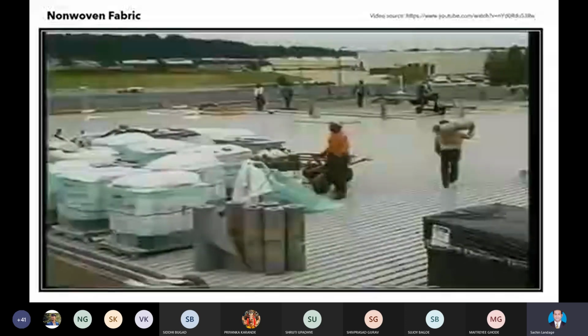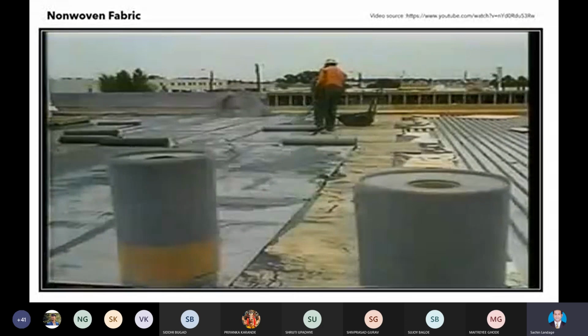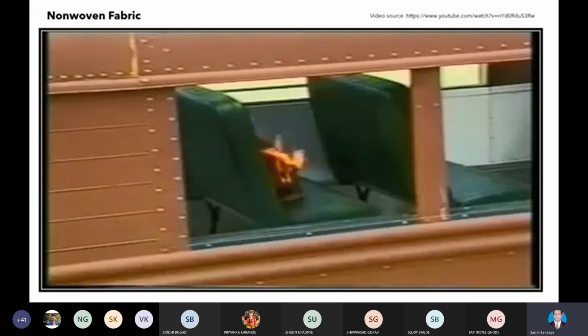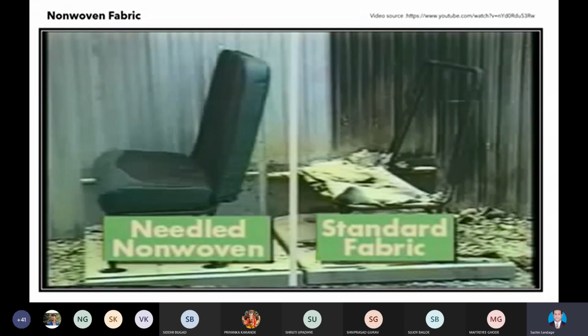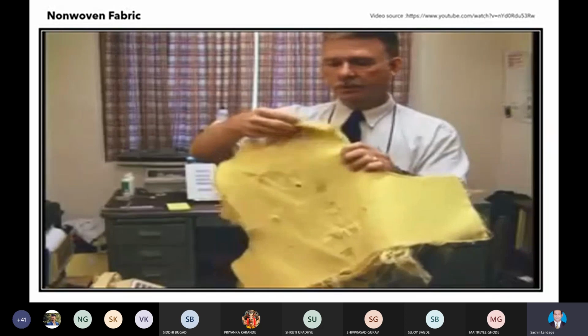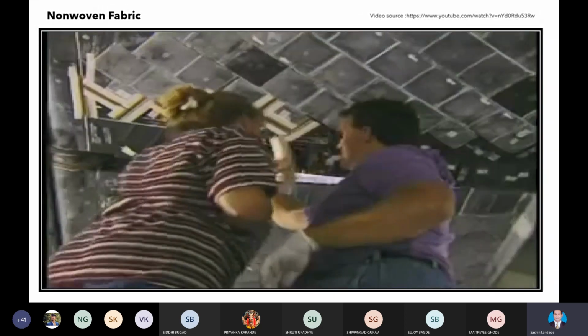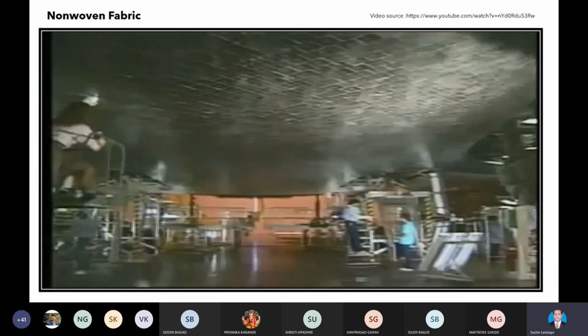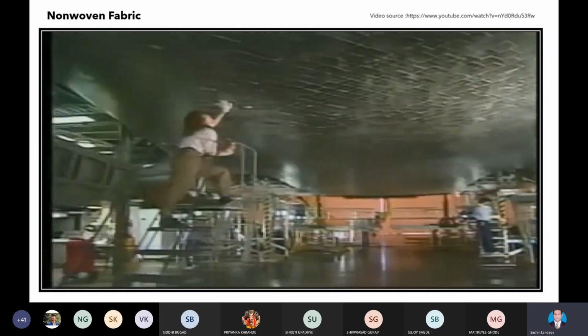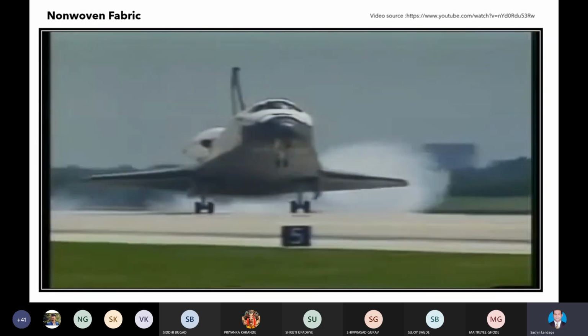And non-wovens are heroic performers at some of the toughest jobs imaginable, resisting flame, stopping bullets, and as part of the high-tech tiles in the outer skin of the space shuttle, bringing our astronauts safely back to Earth.